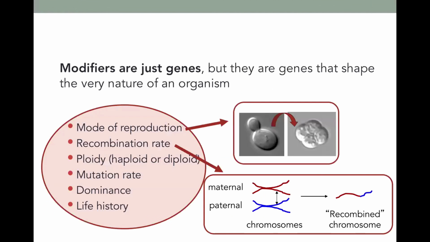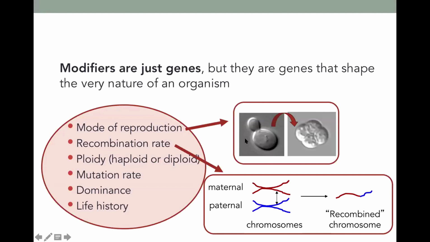A modifier is just a gene, but it's a gene that plays a really important theoretical role in evolutionary biology because it's a gene that influences how an organism lives and reproduces, how its DNA is passaged from one generation to the next. So in this body of theory, we're particularly focused on modifier genes that alter whether an organism reproduces mitotically or meiotically.